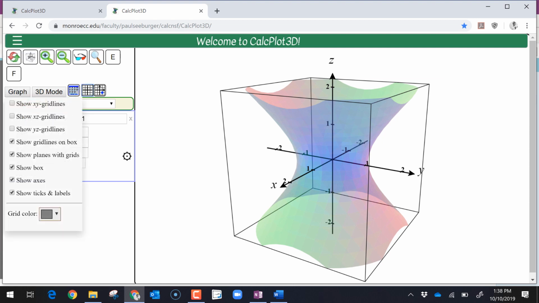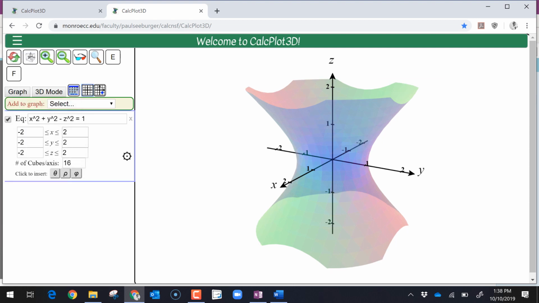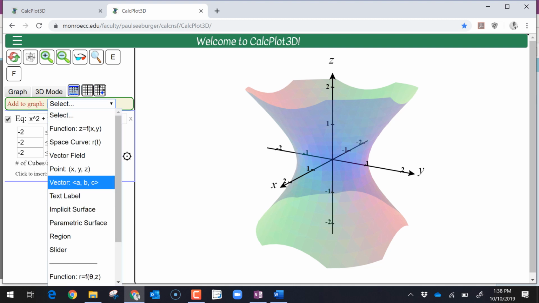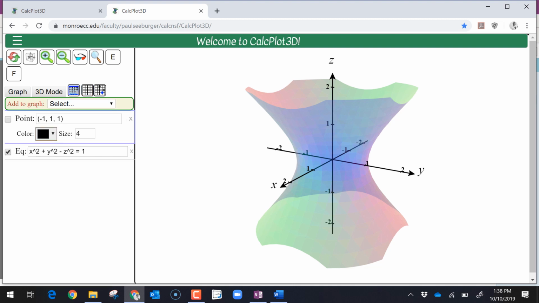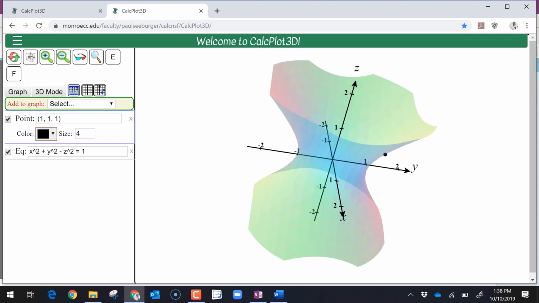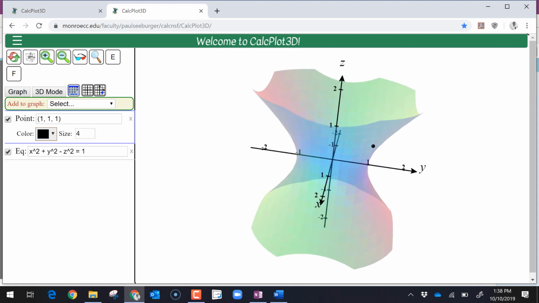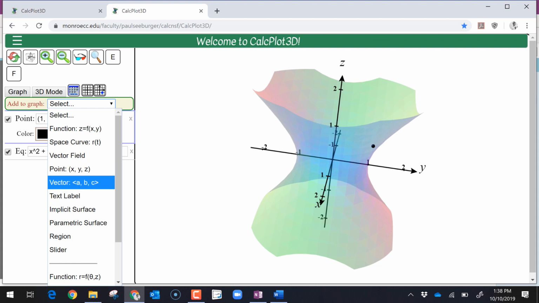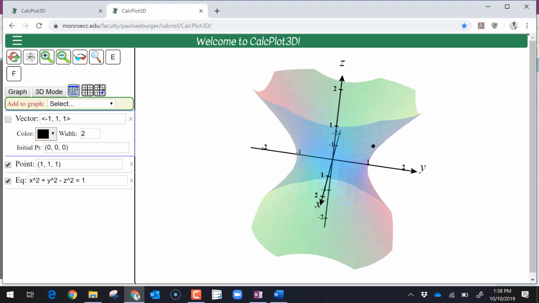Now let's make sure that that point is on the graph. I mean, it should be, right? Because we checked it. So that point is on the surface. And now we said that we had a vector whose initial point is that point on the surface.